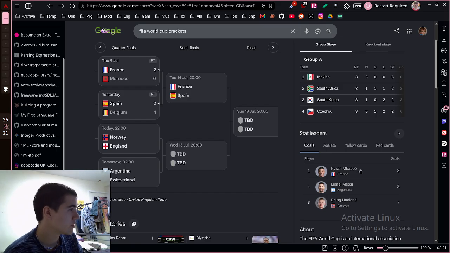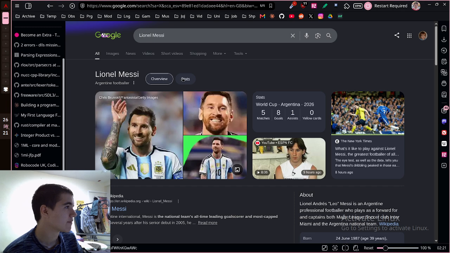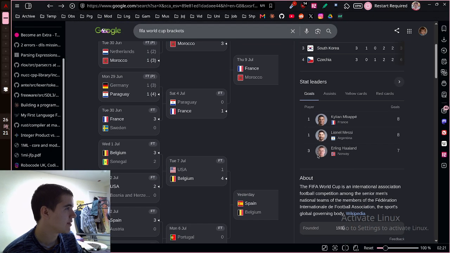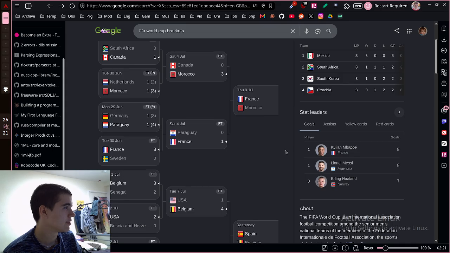Kylian, we'll see if Mbappe can eventually pass Messi, although it's looking unlikely. Although Haaland is also right behind them, Haaland could catch up because he hasn't played yet either. So if he scores 2 goals and Messi scores 1, then he'd be tied with Messi and he would pass Mbappe as well.